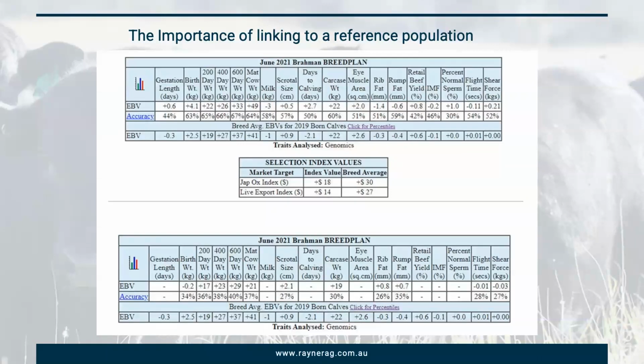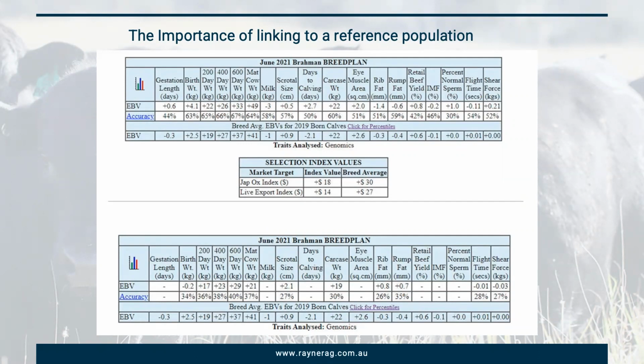So for people who say, can we just test our animals? Yes, you can. But if you're not linked to the broader reference population, you're probably really missing out on the opportunity to capture the full suite of opportunity that genomics brings to genetic evaluation.